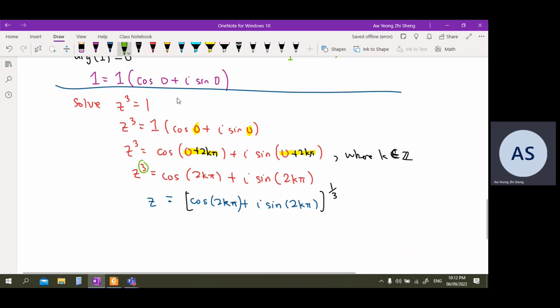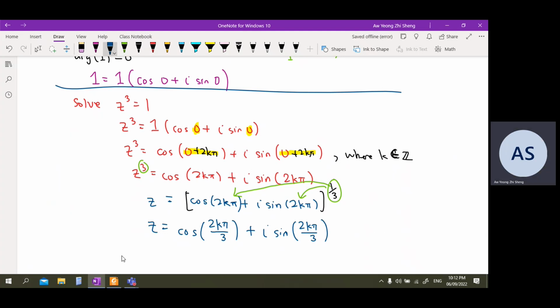So we can apply the Moivre's theorem, which says the 1/3 can just be multiplied to the angle directly. Okay, so Z becomes cos of 2k pi over 3 plus I sine 2k pi over 3.